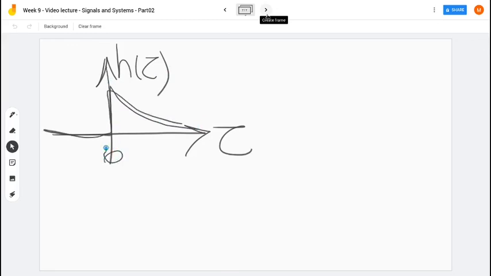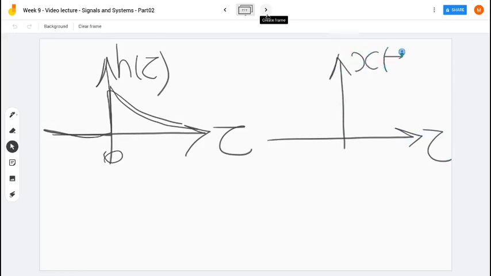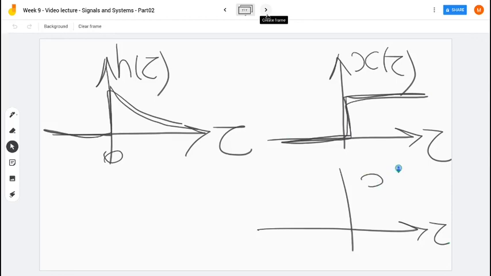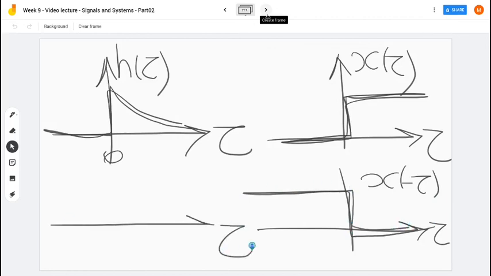And now we need to plot the input, which is a unit step, because we need to find the step response. And then we will mirror x of tau to be x of minus tau, so a step like this. And now we need to shift it such that this 0 will become t.